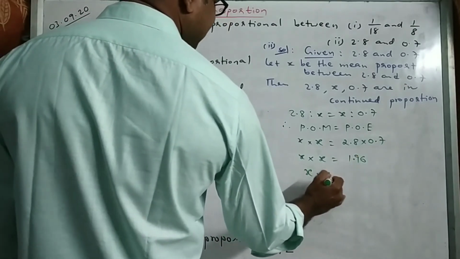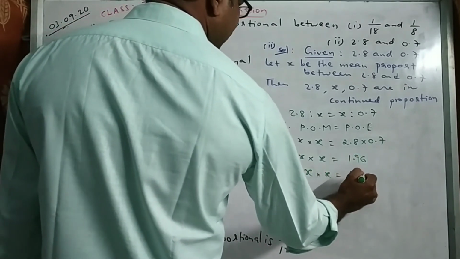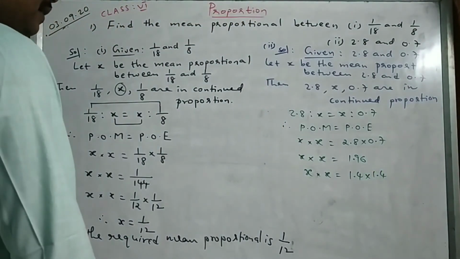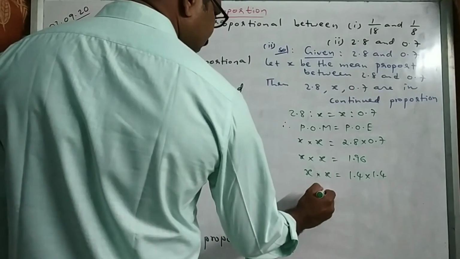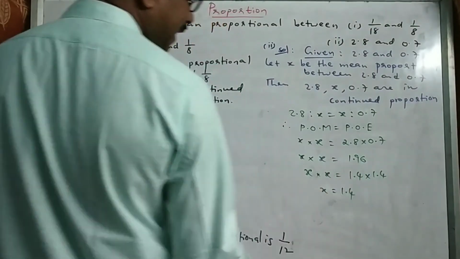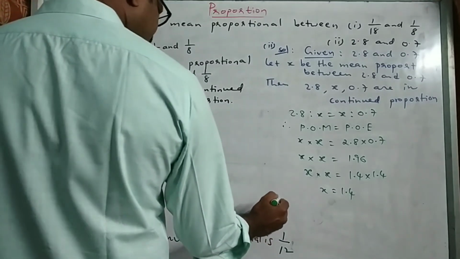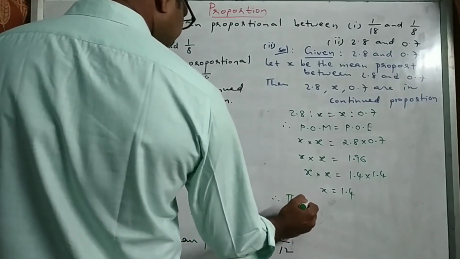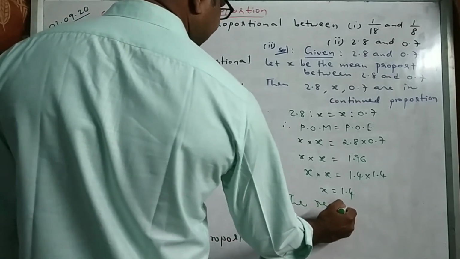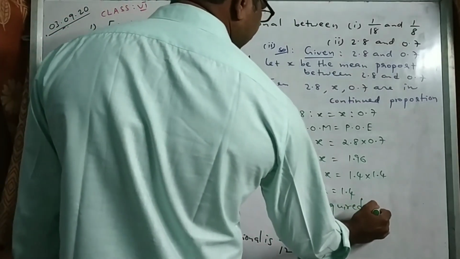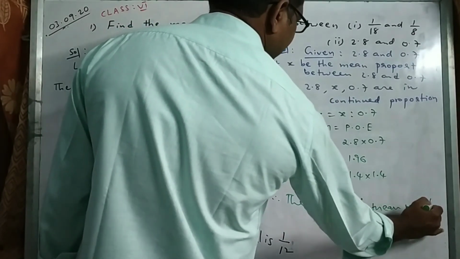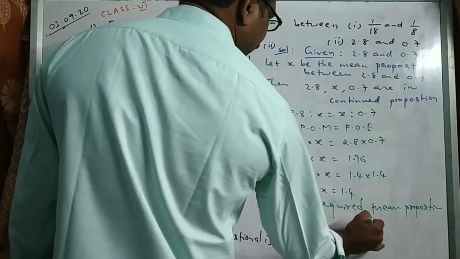So x into x equal to, I can write 1.4 into 1.4, because 14 14s are 196. So x can be 1.4. Therefore, the required mean proportional is 1.4.